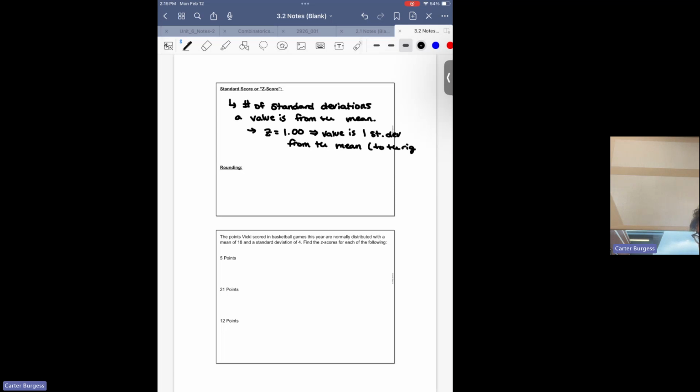It's going to be larger than the mean. A z-score of 2 would be 2 standard deviations from the mean. A z-score of 1.63 is 1 full standard deviation, and then 63% of a standard deviation on top of that from the mean.